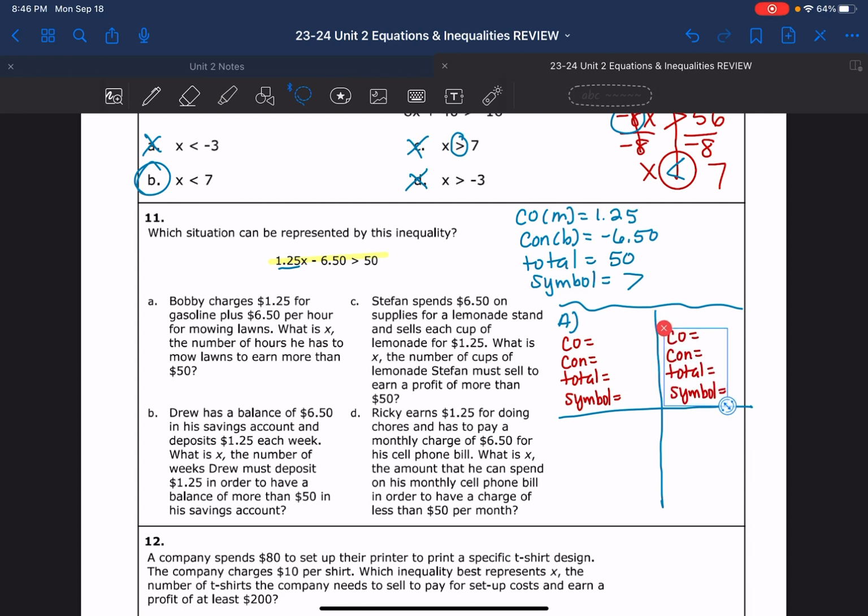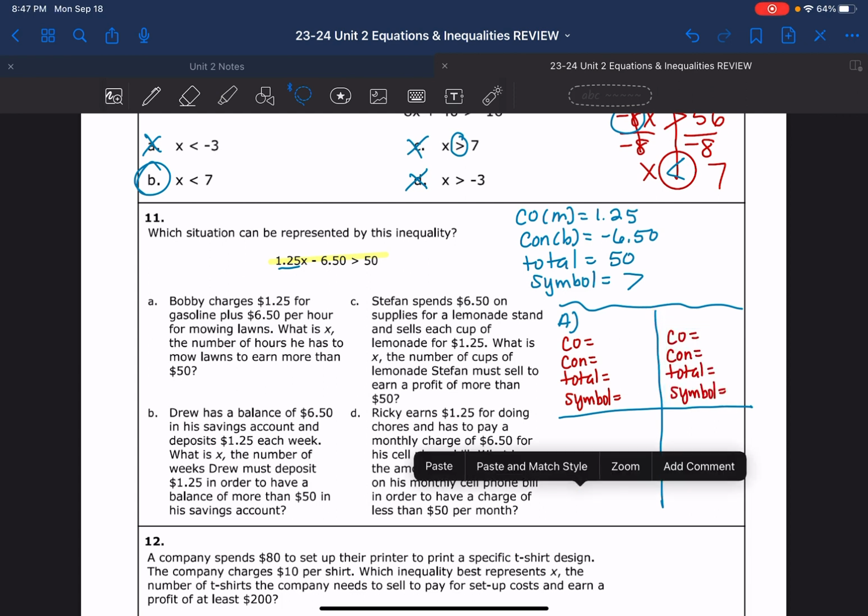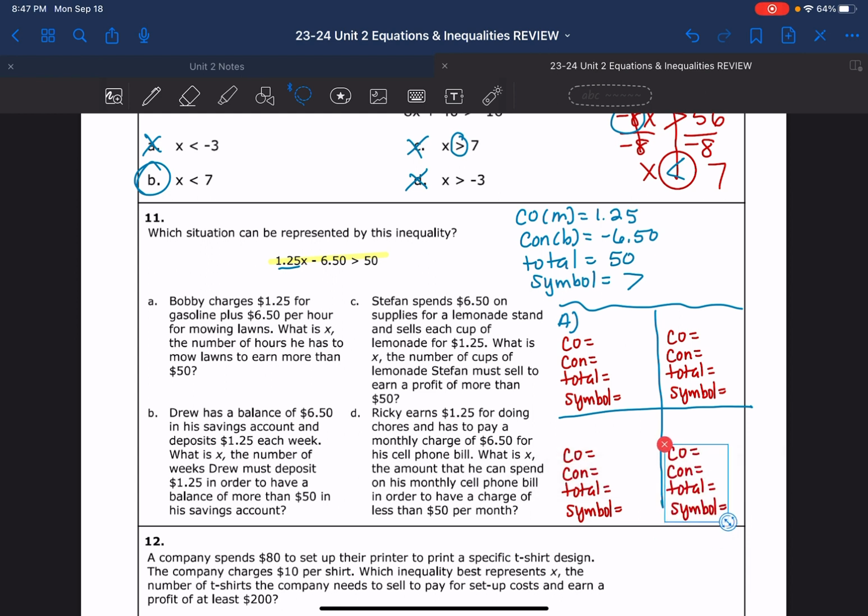Okay, so I'm going to write it in all of them. So we're ready and we're not wasting time writing every single one of these. Okay, so here, this is B. Actually, I take that back. This is B, this is C, and this is D.